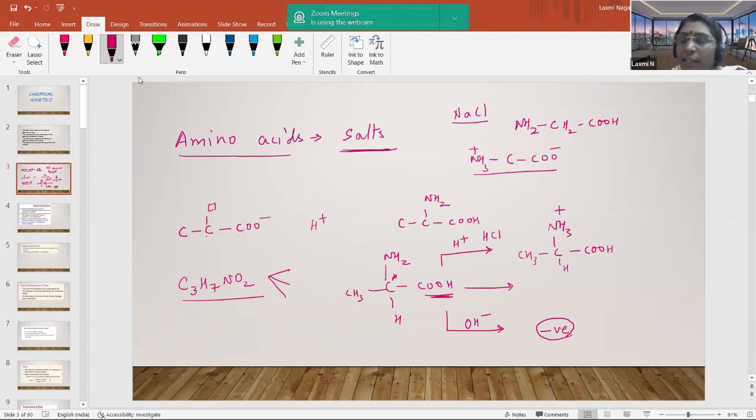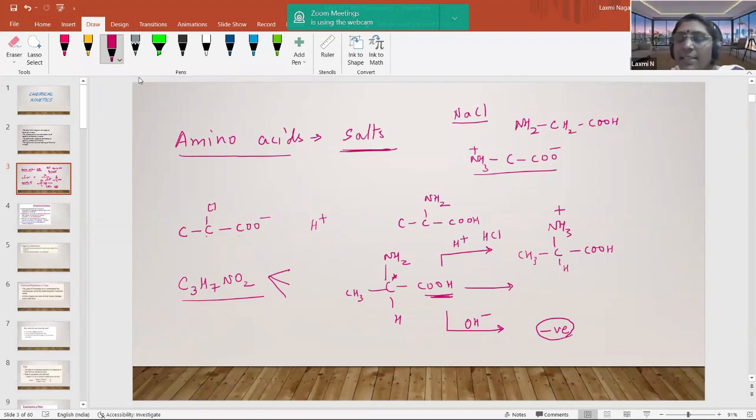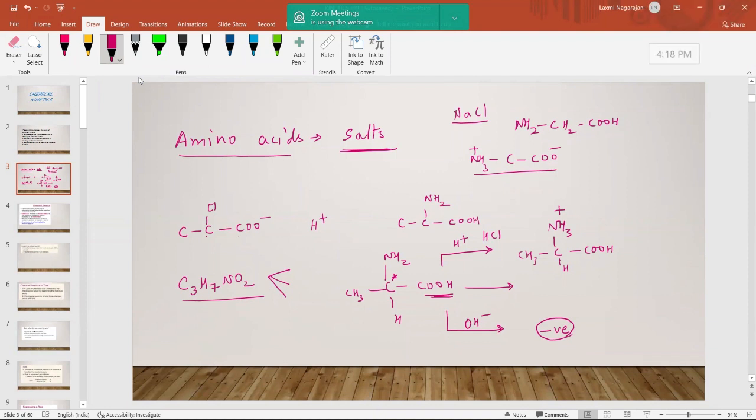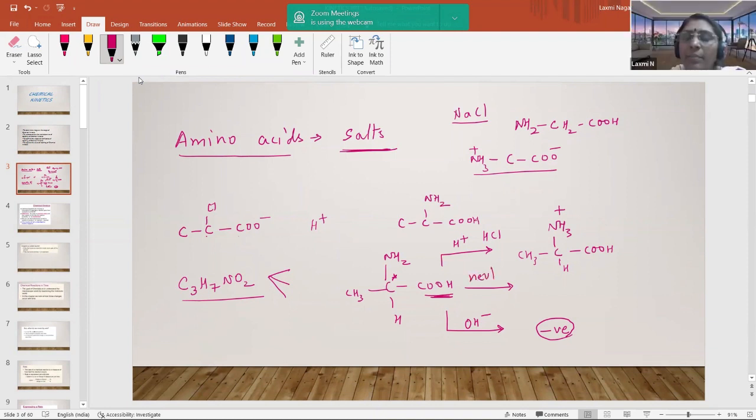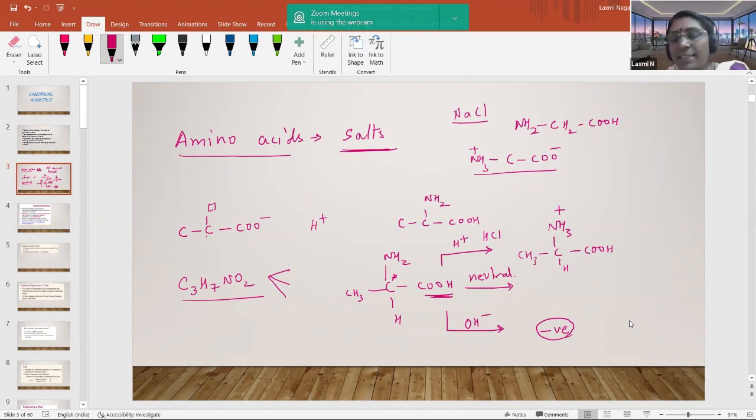And that's why the ion is anionic, a negative ion is created. Very correct, sir. And in such cases, it will travel to the anode. That's why we can call it an anion. And in neutral medium, there is no ionization because of the neutral pH 7. That's why the ion cannot move towards any electrode. Correct, sir. That is called the isoelectric point.